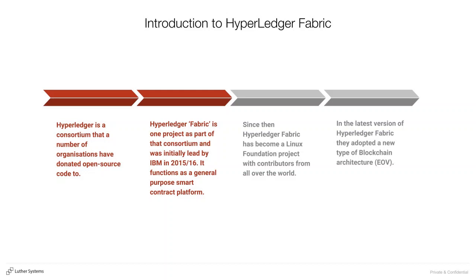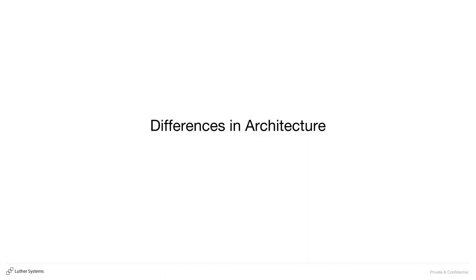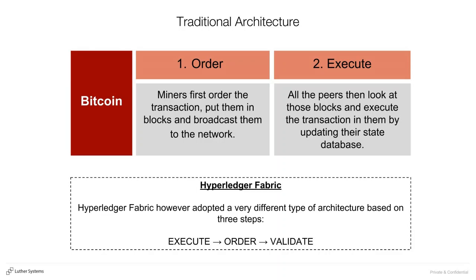So sometimes it can be confusing because the architectures are very different. In the latest version, they have adopted a new type of blockchain architecture called an execute order validate, EOV, architecture.